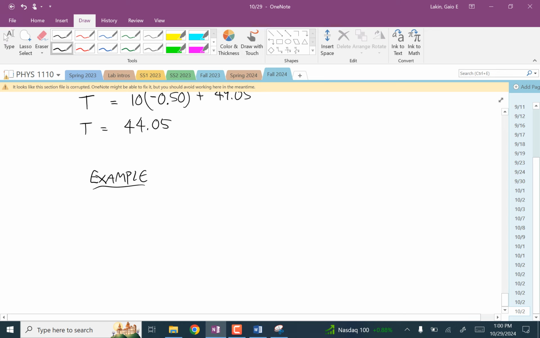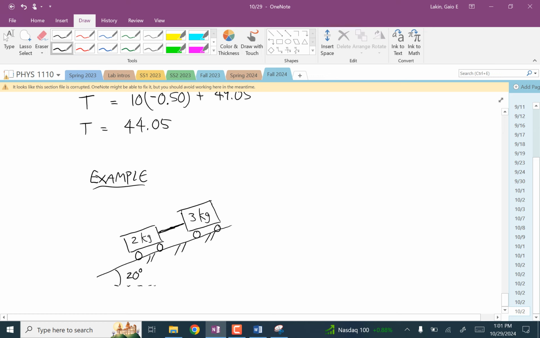Okay, so let's say we have a ramp at an angle of 20 degrees, and two carts connected by a cable. Let's say the one on the left here is 2 kilograms. The one on the right is 3 kilograms.